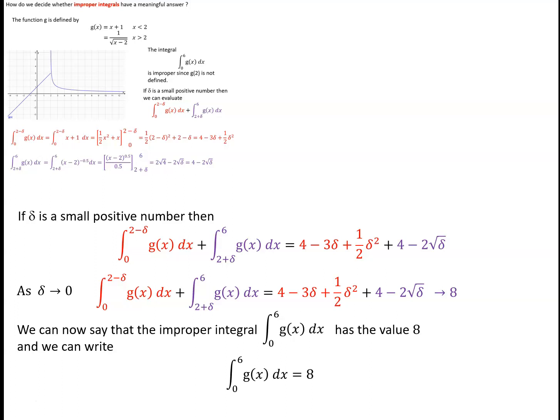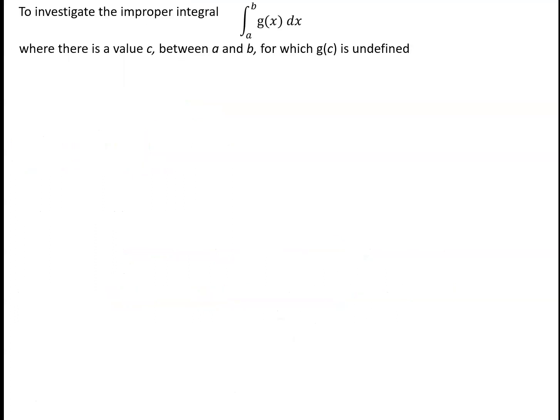And this now suggests to us what to do if we have an integral of g of x between x equals a and x equals b, where there is a value c in between a and b for which g of c is undefined.